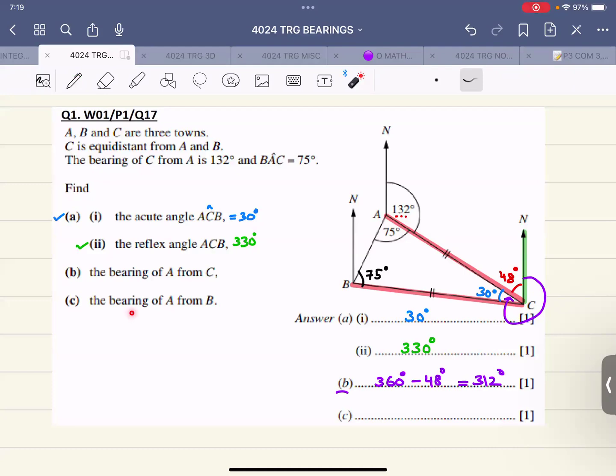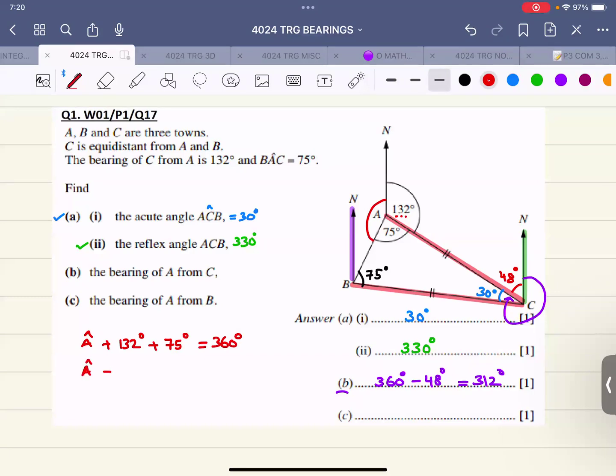Similarly, the bearing of A from B. Let me emphasize on the north axis over here also. So that's the one in purple. That is north. This is 75. This is 132. Let me find this angle first. So therefore, this angle over here, like this, and let me call this angle A. So angle A plus 132 plus 75 adds up to 360.